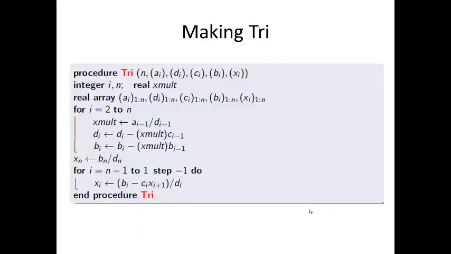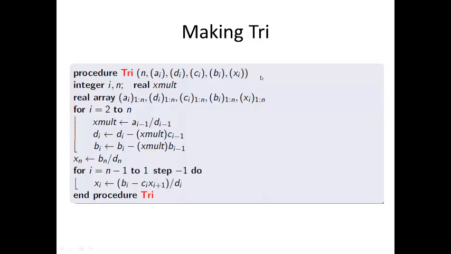So here's the tri-diagonal procedure, and as you can see this is a lot simpler than the Gauss procedure we developed in section 2.2. In this one we use single dimensioned arrays for a sub i, d sub i, and c sub i for the diagonals of the coefficient matrix, and array b sub i for the right hand side. And we're going to store the solution array in x sub i.